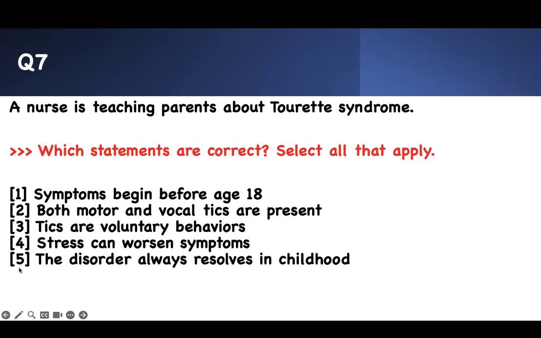I created this question using my own language. NCLEX is not going to give you the same thing, but it's the same concept. They may write it a certain way to disguise it, but it's the same. We already know Tourette syndrome is tics. They have to happen before you are 18 years old. There are two things that have to happen: you've got to have motor movement tics, and verbal tics, right?